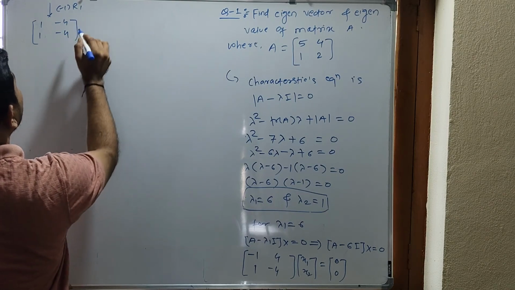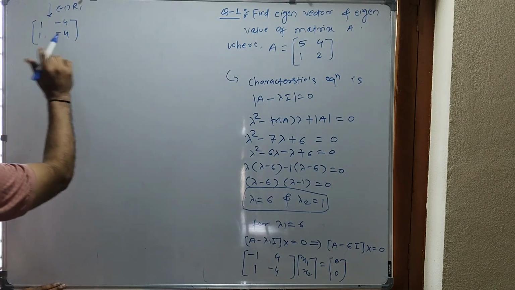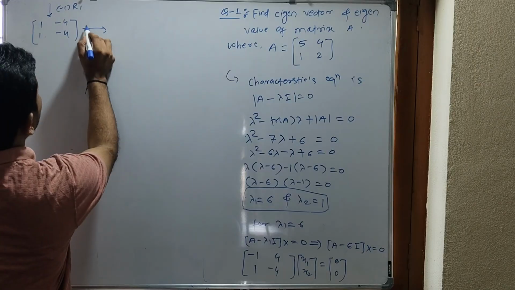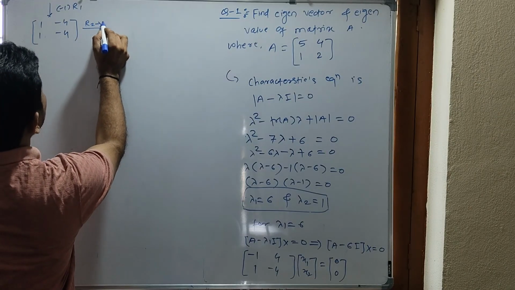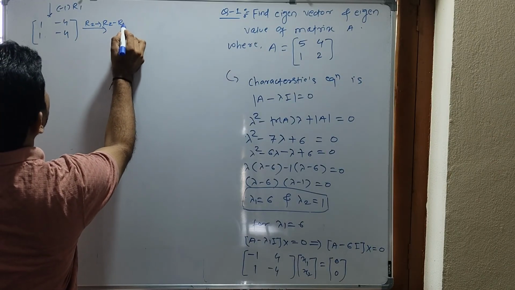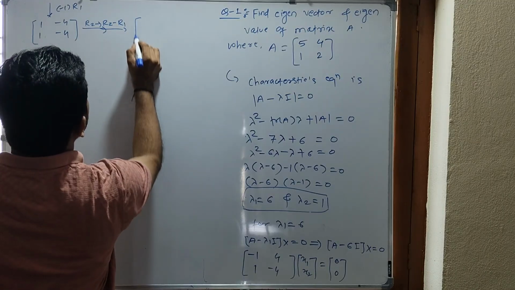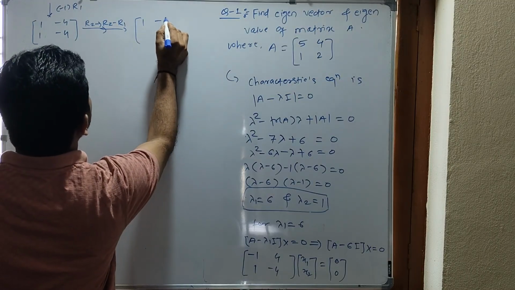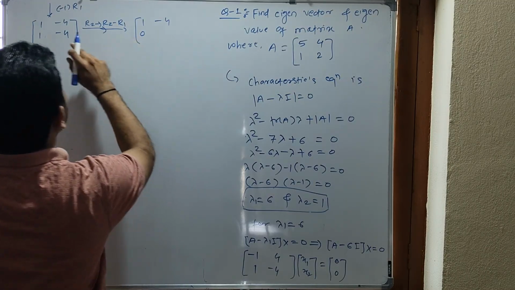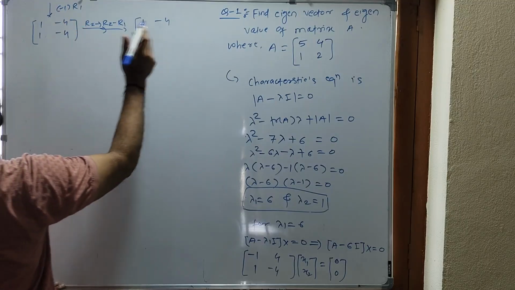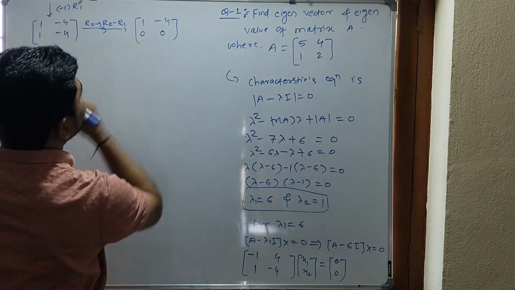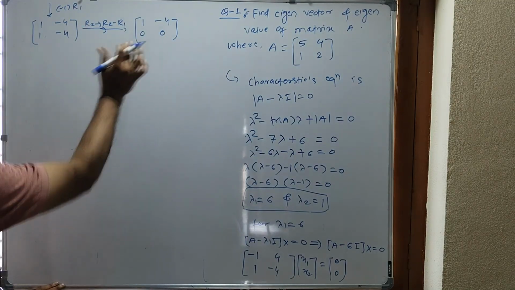After that I want to make this 1 as 0, so I apply the operation R2 changes to R2 minus R1. So the matrix becomes 1 minus 4 in the first row and 0 0 in the second row. Now this matrix is in the echelon form.